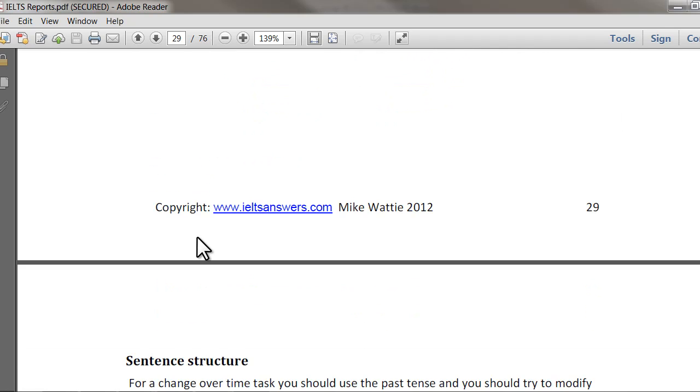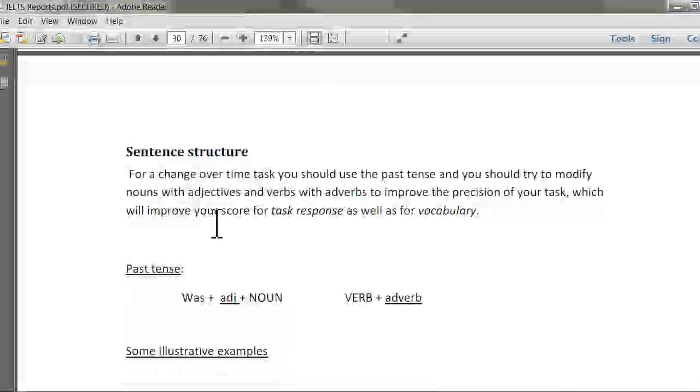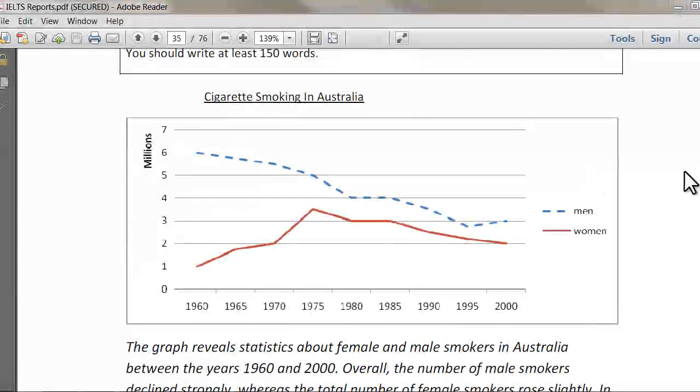Okay. Then sentence structure. There's a section on sentence structure which shows what I was talking about, the way that we can use noun phrases or verb phrases, and how we can also modify those with adjectives and adverbs.